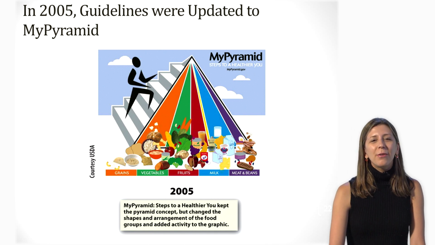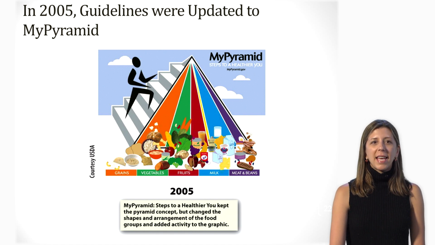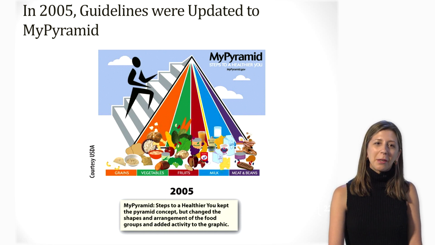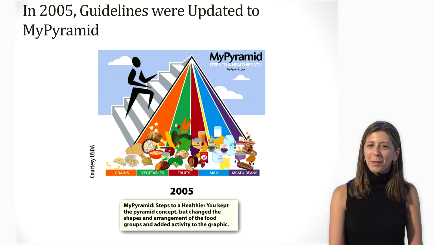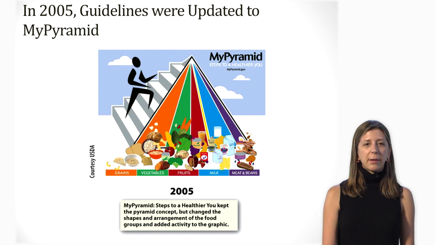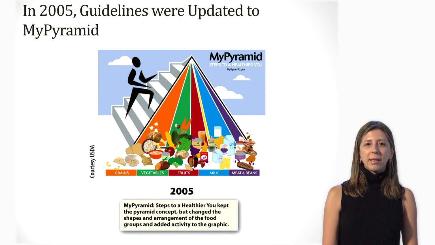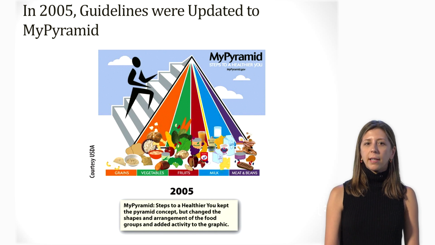So you can see here in 2005, it took them all that time to change this picture. They updated the food pyramid to something called My Pyramid. So you can see how very different this looks. In my opinion, this is perhaps a little bit confusing, but what it's supposed to do is encourage physical activity. So now we see this man or woman or person walking up the steps of the pyramid to encourage physical activity.